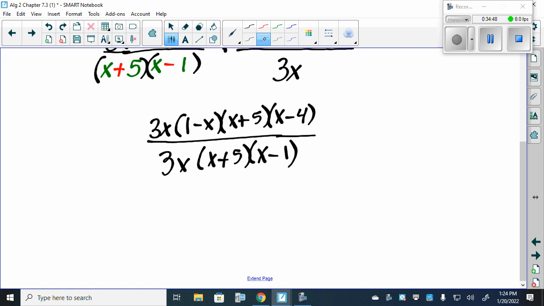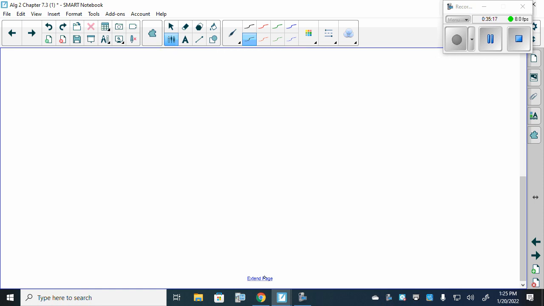Do we have anything in common on top and bottom? Yes, we have a few things. One of them is what? The 3x and 3x are in common. x plus 5 and x plus 5. We do have an x minus 1 on bottom, and on top we have a what? 1 minus x. And we can actually get those to cancel.